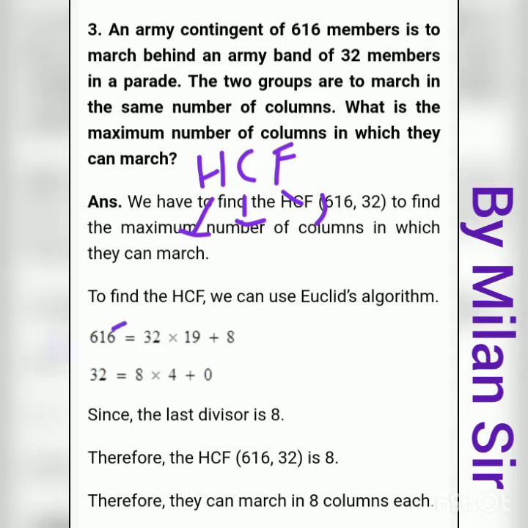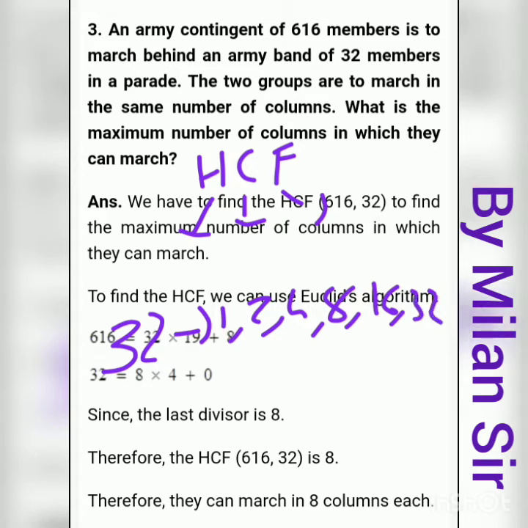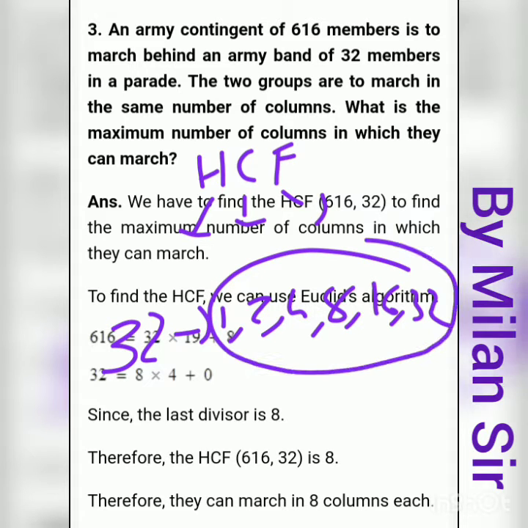Now factor, if we think about the factor, if I say a factor of 32, then 1, 2, 4, 8, 16 and 32 itself. This is just one example. All the factors are less than the original number, otherwise equal to the original number.